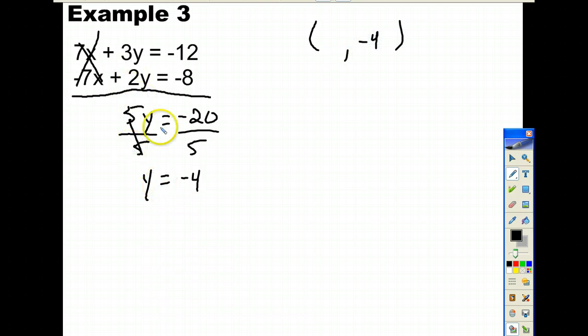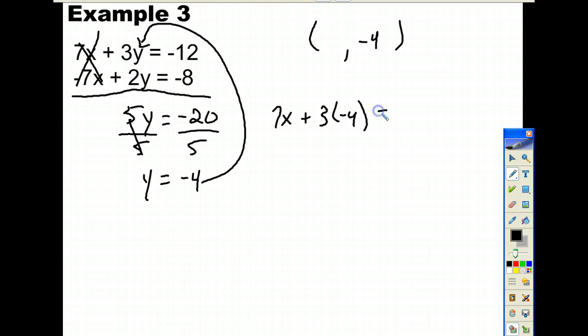And then again, you can pick whichever equation you want and substitute that y back in. I'll substitute it in there. So I'm going to have 7x plus 3 times negative 4 equals negative 12. So we've got 7x plus a negative 12, or 7x minus 12 equals negative 12.